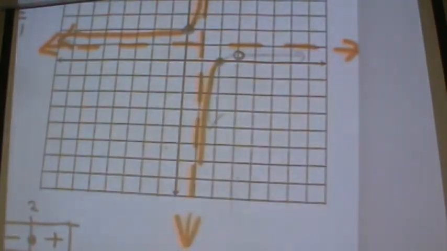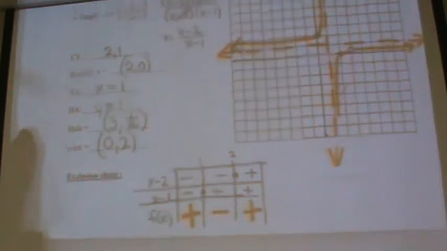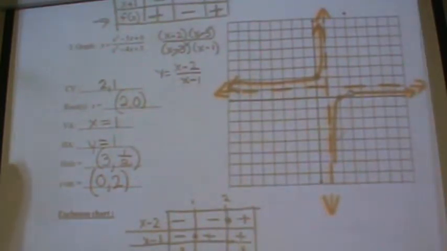And then from 2 to infinity, it says we're positive. So we're not going to pass this asymptote, and we're not passing through that hole. We're jumping over the hole. Any better? Kind of. And so there's your graph of it.